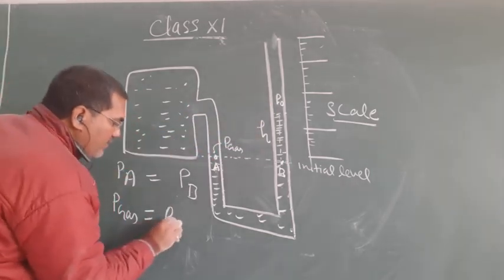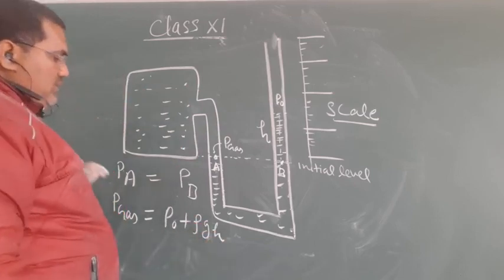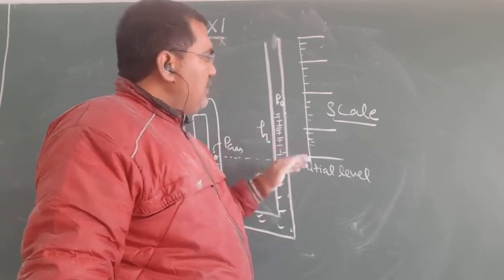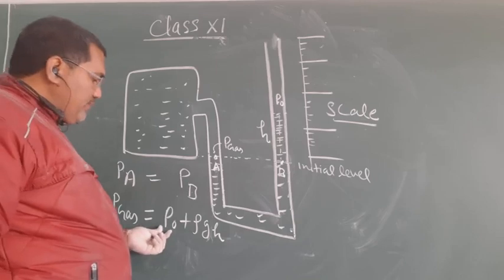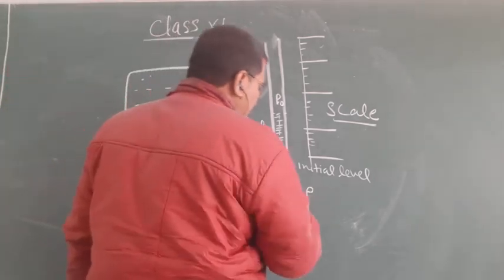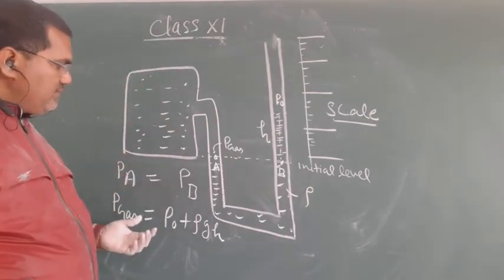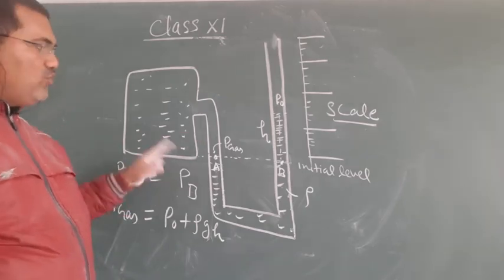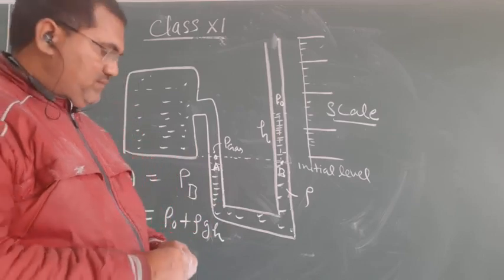So you can write here P naught plus rho g h. And you can measure the height of the rising liquid by the scale. P naught is the atmospheric pressure, and rho is the density of the liquid here. So you can find out the pressure of the gas by this method. So the manometer is used to measure the pressure of gas.